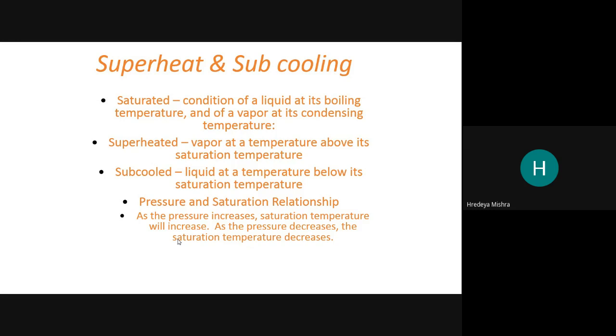Pressure and saturation relationship: as the pressure increases, saturation temperature will increase. As the pressure decreases, the saturation temperature decreases. Means temperature and saturation pressure are directly proportional to each other. If pressure is increased, then temperature increases.